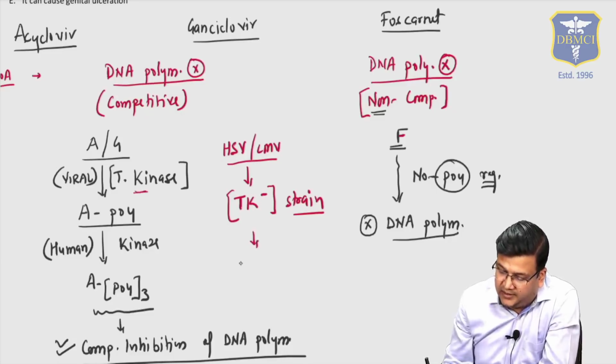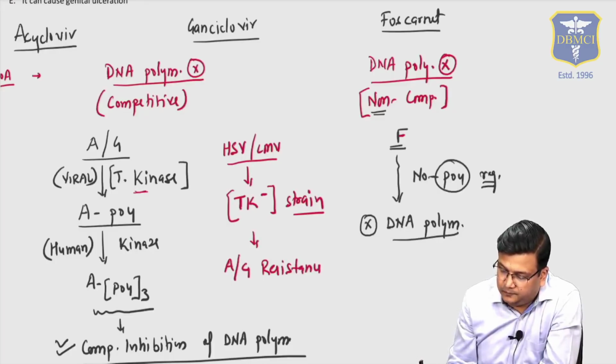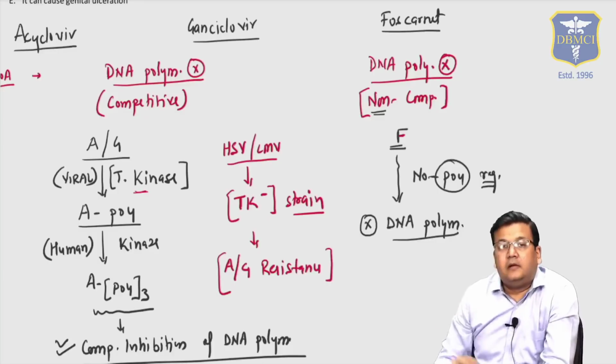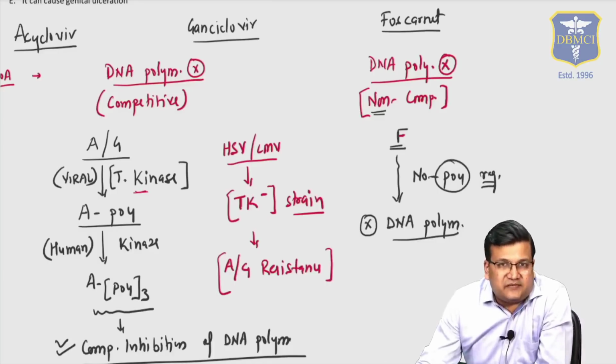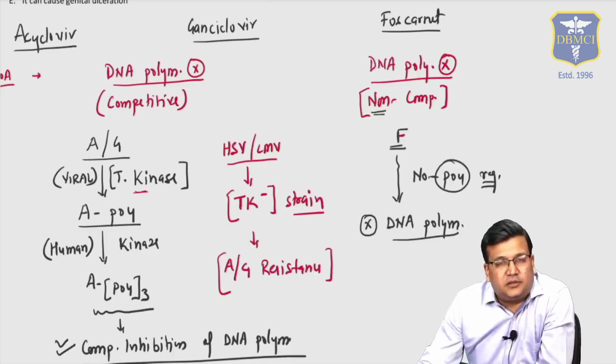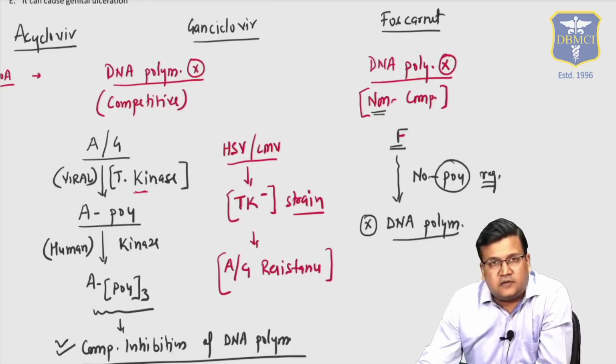So we are looking at acyclovir or ganciclovir resistance. Herpes simplex virus or cytomegalovirus can become resistant to acyclovir or ganciclovir by loss of thymidine kinase.